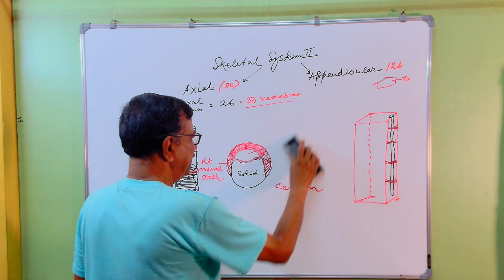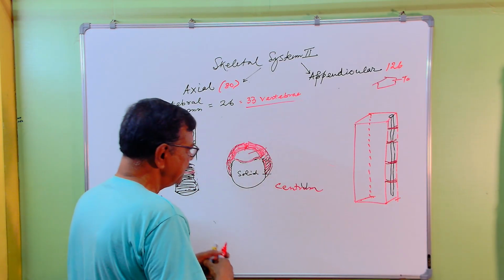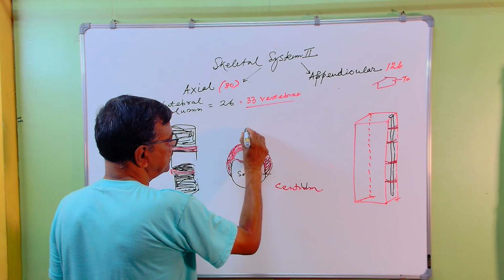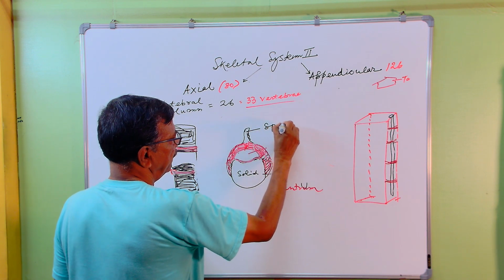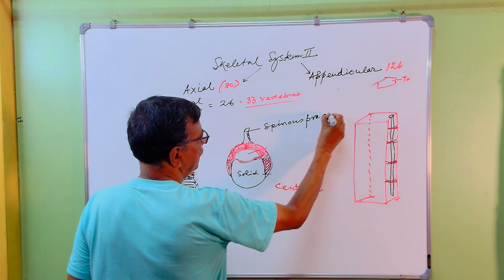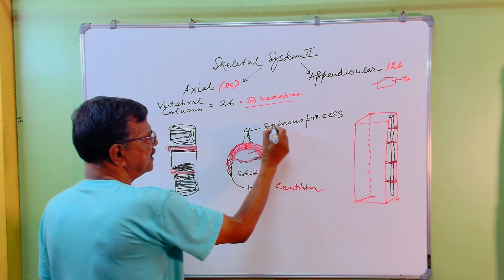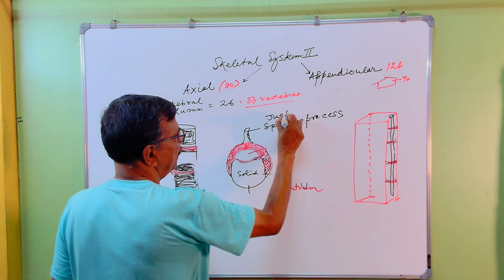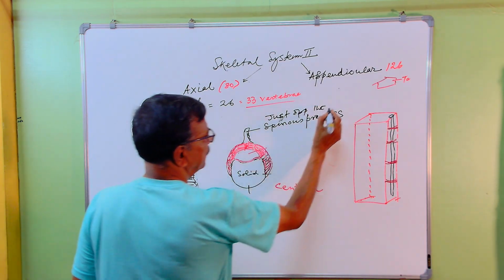Now, this vertebra has the central body or centrum, and the neural arch. Whenever the neural arch grows, it gives a process here, the spinous process, just opposite the centrum.